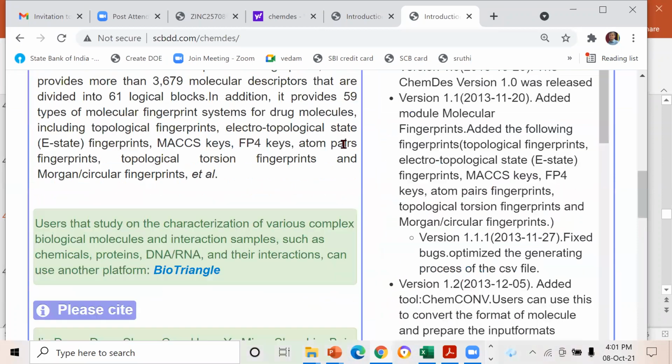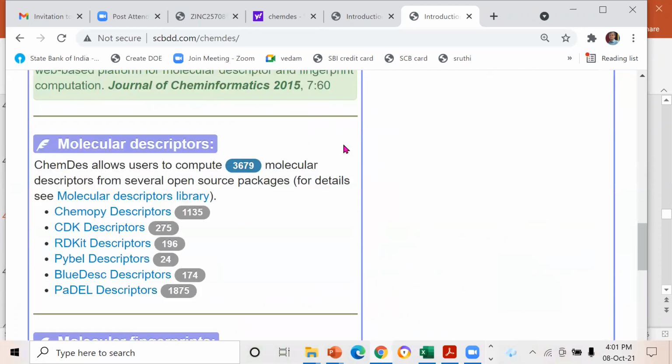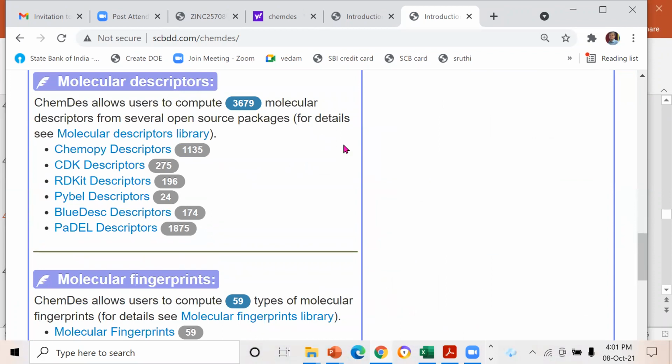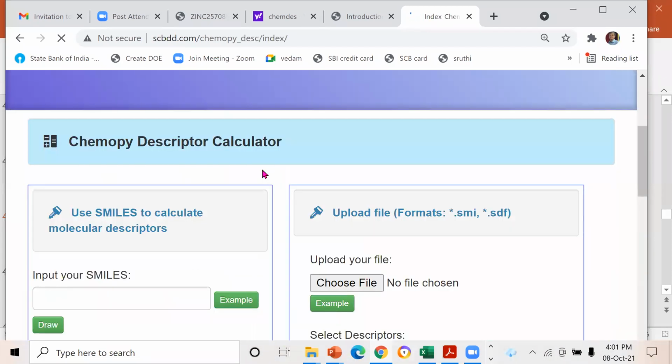So we can calculate these descriptors for each molecule. You can input SMILES notation here. You're all very familiar with SMILES.